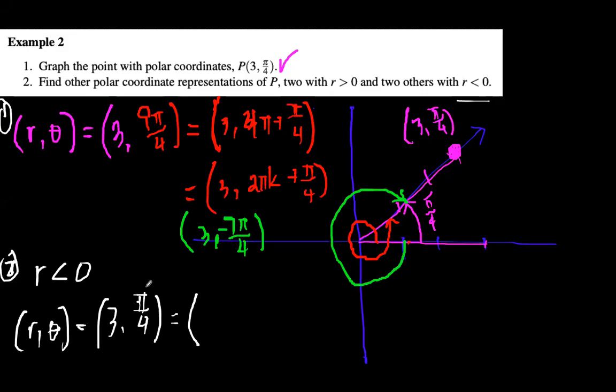Ayan. So, let's start again. In number 2, we're going to get the other condition wherein the radius is less than 0. We're still looking for the point where the radius is negative. So our reference point is 3 pi over 4. Now, if the radius is less than 0, what would be our radius here?